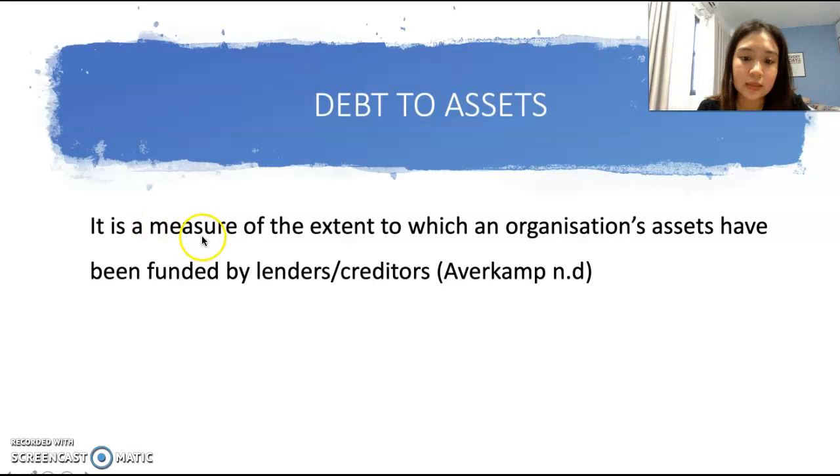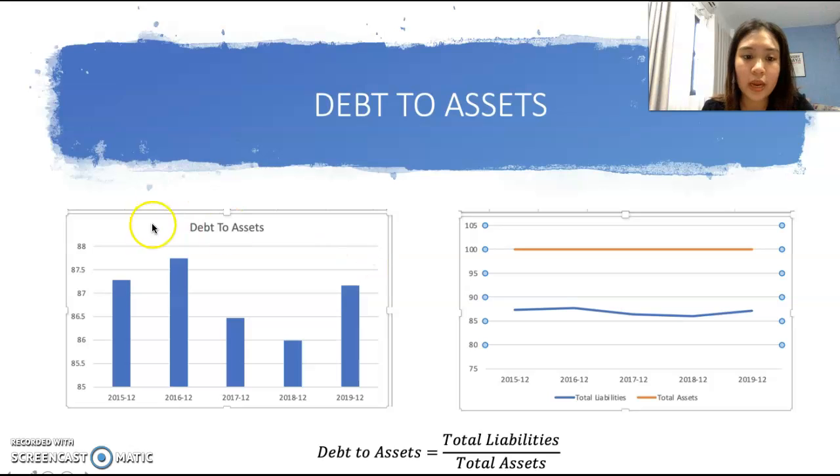Debt to assets is a measure of the extent to which an organization's assets have been funded by lenders or creditors. So looking at the chart, it had a trend to decrease and increase because of the rise in total liabilities.